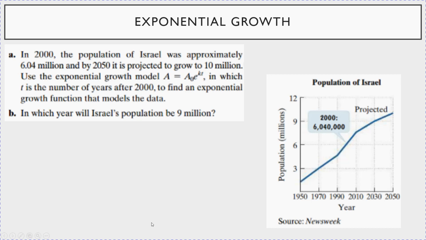Here's an example of growth first, about the population of Israel. In the year 2000, the population of Israel was approximately 6.04 million people.